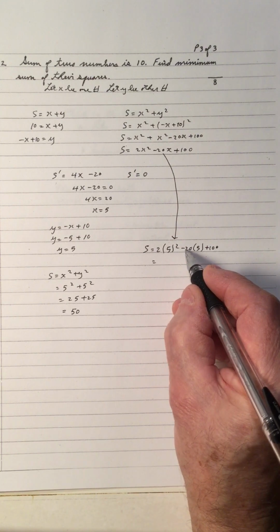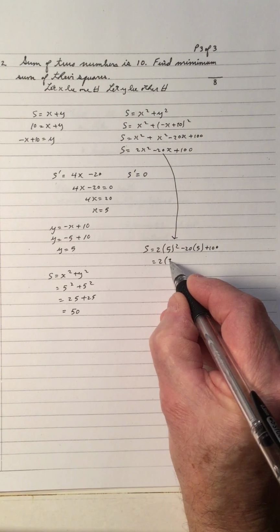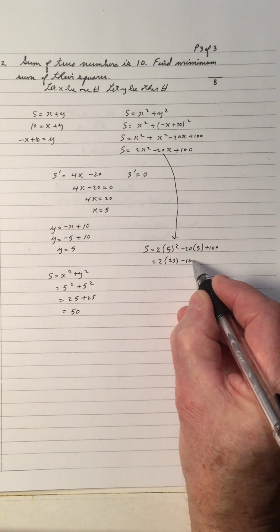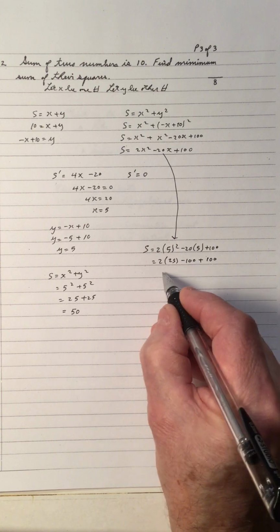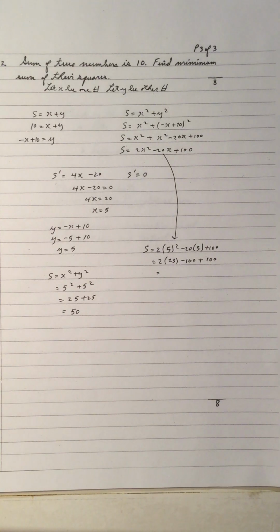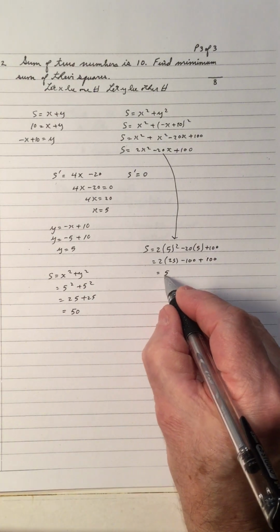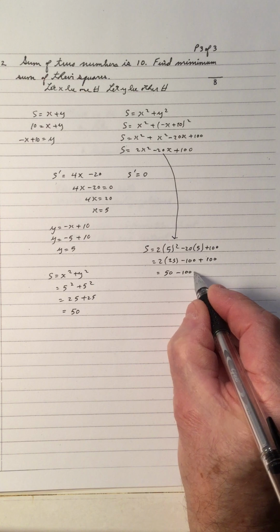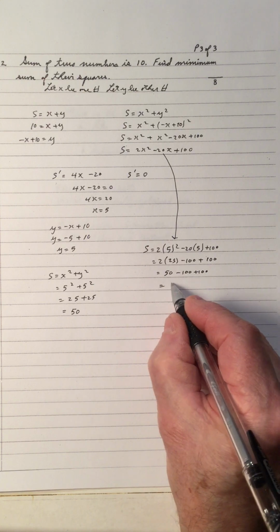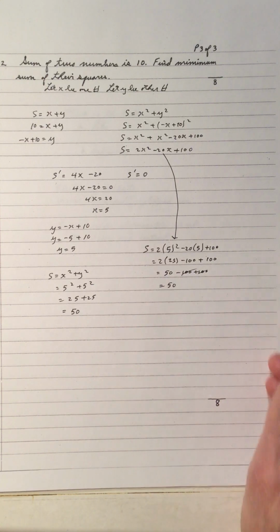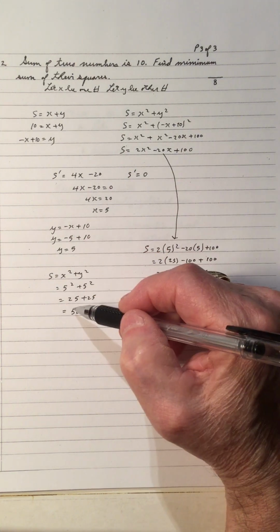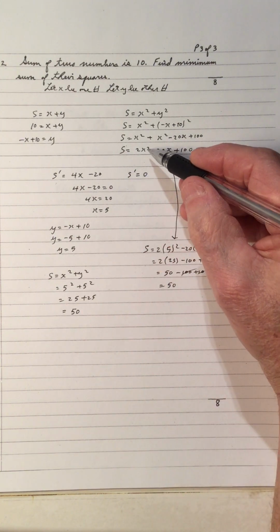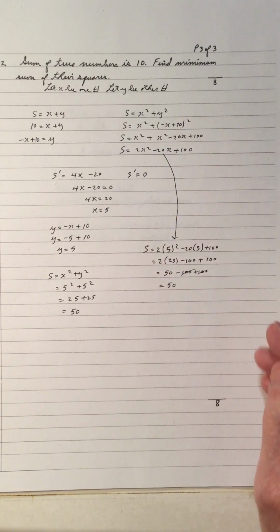So if we plugged it in here, that's 50 minus 100 plus 100, I get 50. So you can get x, then get y and plug it in, or you can plug x in here directly to get the 50.